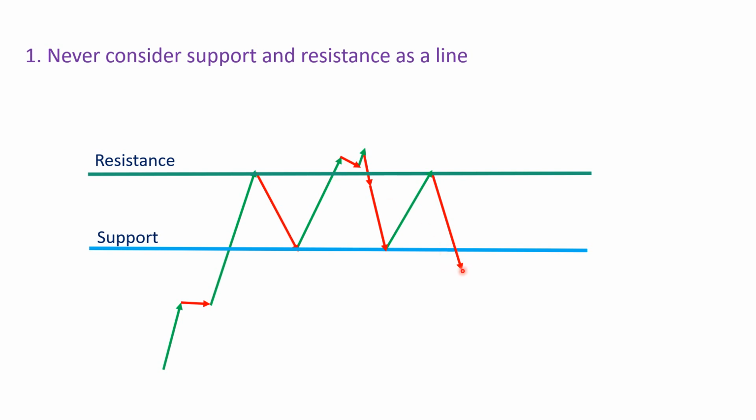Some traders exit the trade at the close price of this bearish candle and put their stop loss above the resistance, the previous support. The price retests the resistance line and heads downward. Some other traders exit the trade at the close price of this bearish candle and put their stop loss above the resistance line.